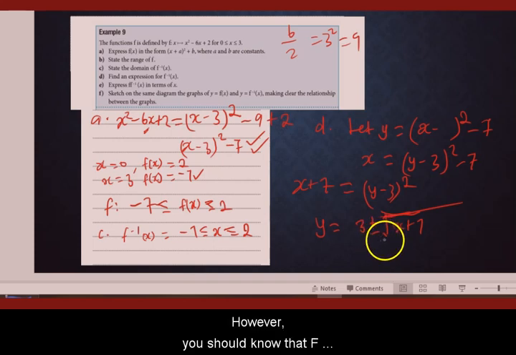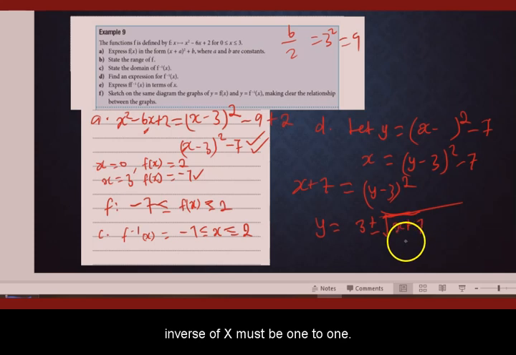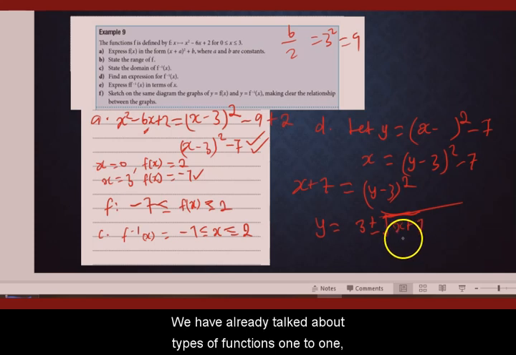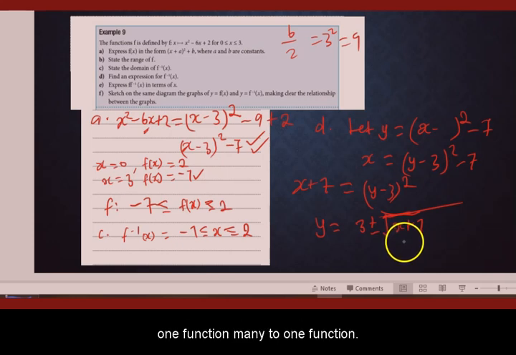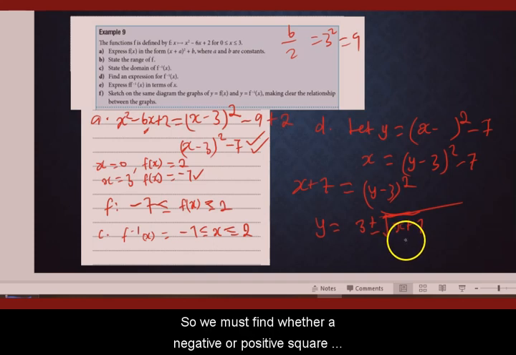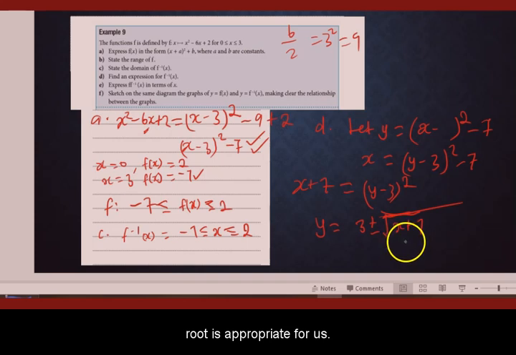However, you should know that f inverse of x must be 1-to-1. We have already talked about types of functions, 1-to-1 function, many-to-one function. So it must be 1-to-1. So we must find whether a negative or positive square root is appropriate.